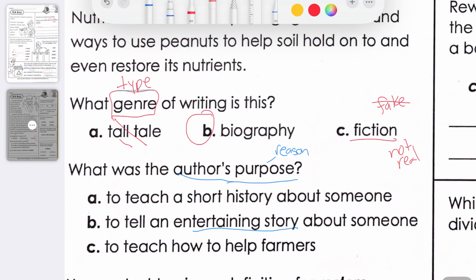It's not like it was meant to make it entertaining. It's a history about them. This one was meant to teach you about his history and what he did. Was it to teach you how to help farmers? No. It just said that George Washington Carver did help farmers. That is not what you were supposed to learn. So it's to teach a short history about someone.